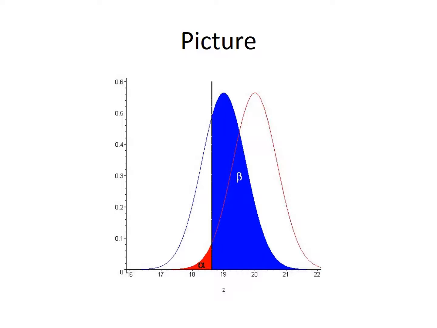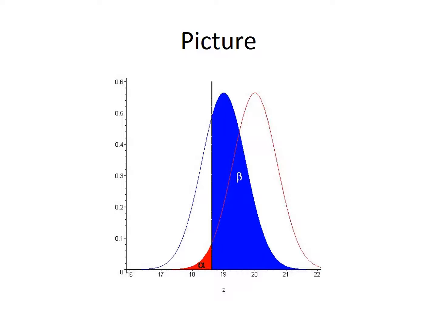Notice that the region in blue is shaded under the new curve, but it starts at the slice where the old curve was, and it is in the other direction from alpha. Okay? This represents the values that we would believe to be indistinguishable between 19 and 20.